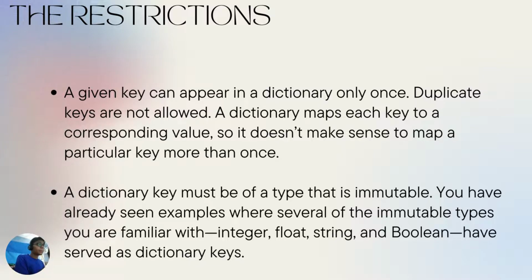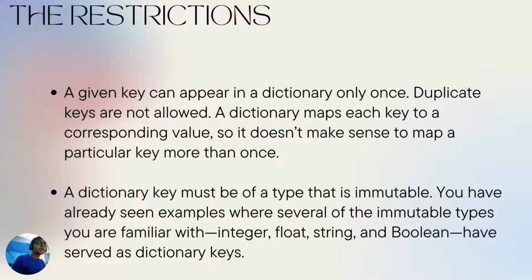A dictionary key must be of a type that is immutable. You have already seen examples where several of the immutable types you are familiar with, integer, float, string, and boolean, have served as dictionary keys. This is a very important restriction if you ask me. That is, dictionary keys must be immutable.